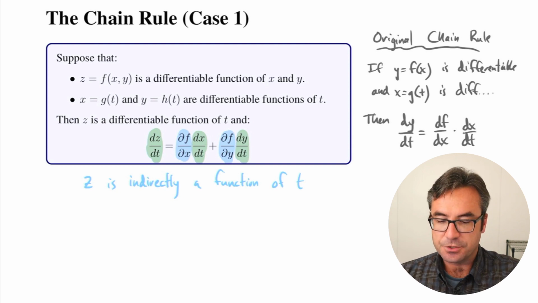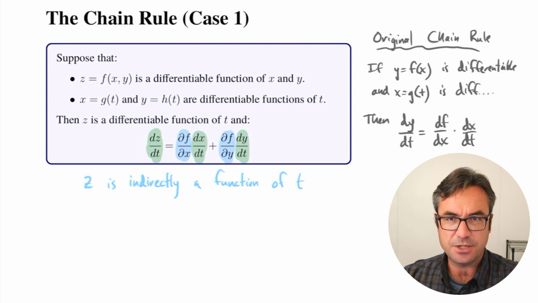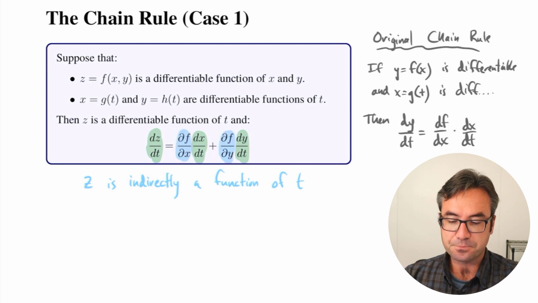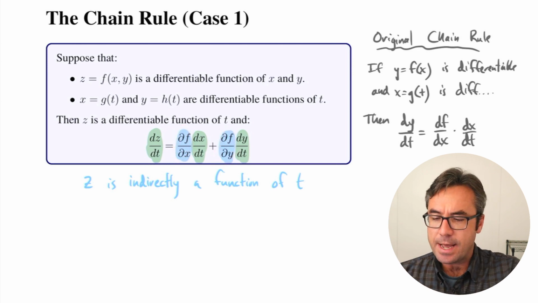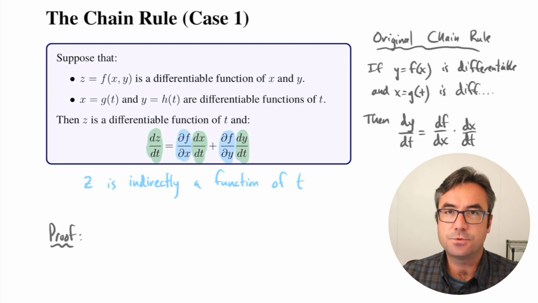So there's kind of a mix of regular one variable differentiation here, and then we also have these partial derivatives. So we're not going to go into the proof of this chain rule, but if you're interested, it's in the review video.